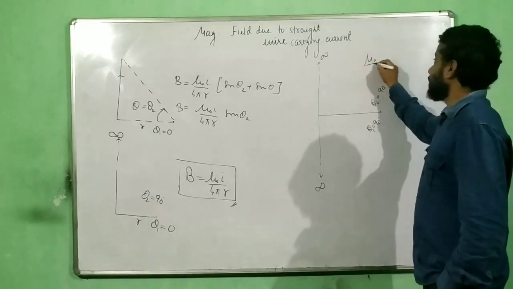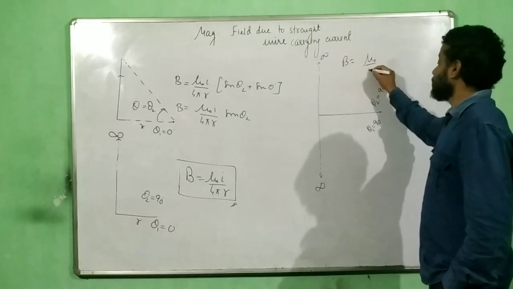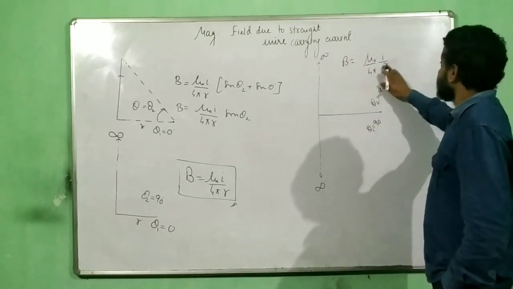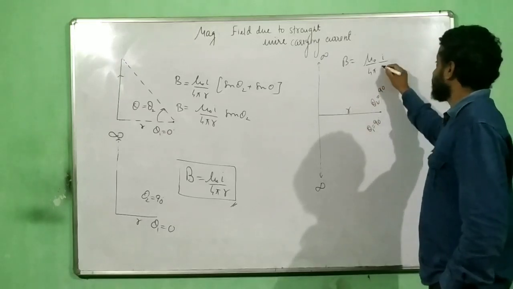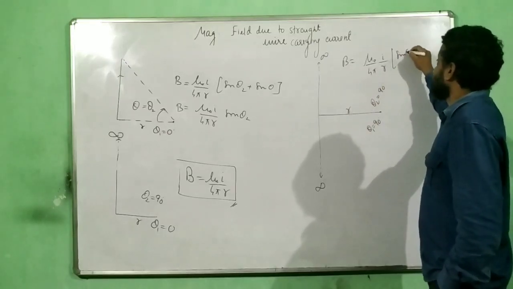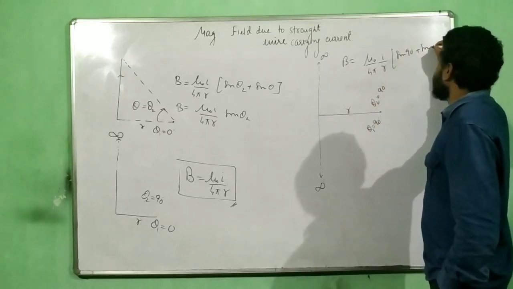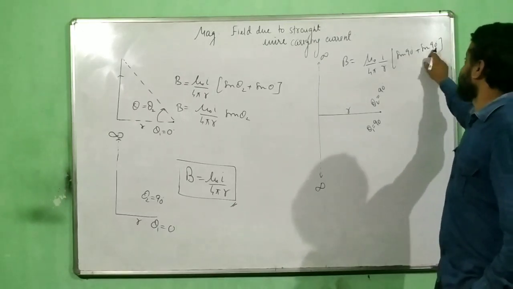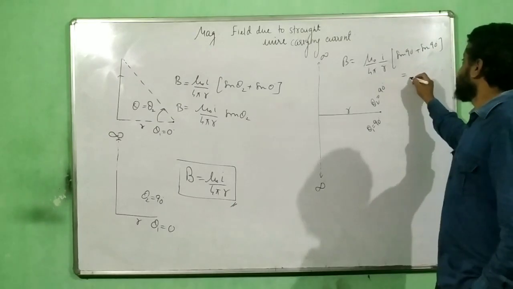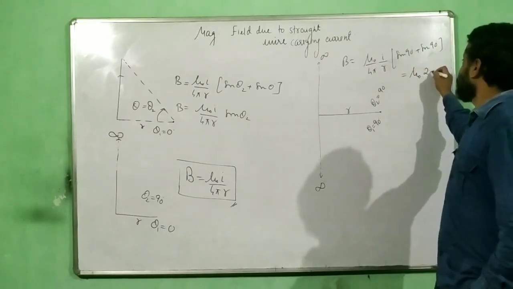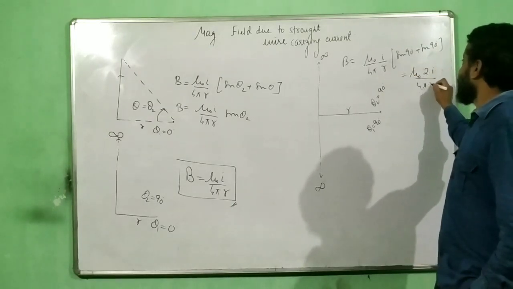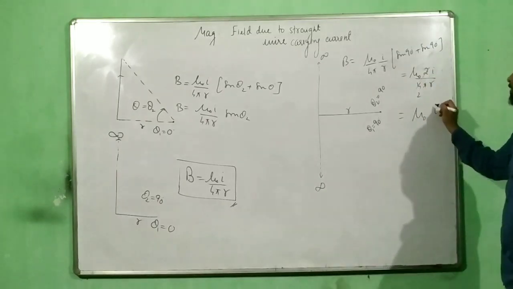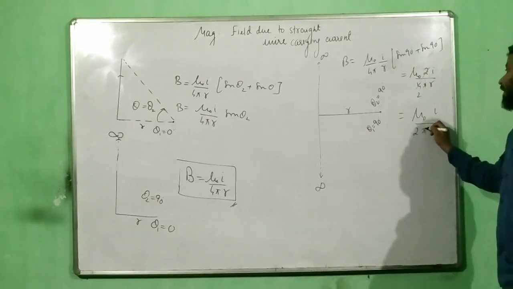So your formula for field will be equal to mu naught I by 4 pi r, this is your r, sine 90 plus sine 90. And what is sine 90 plus sine 90? That is 1 plus 1, that is equal to 2. So this is equal to mu naught 2I by 4 pi r, and this 2 will get cancelled out, so you will get mu naught I by 2 pi r.